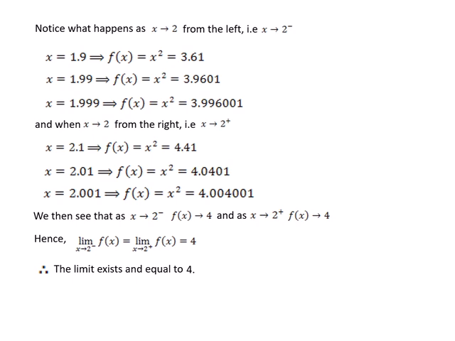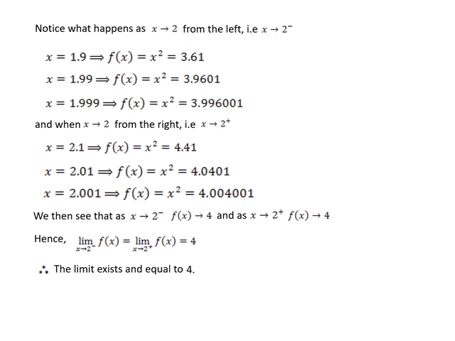The numbers very close to 2 are 1.9, 1.99, 1.999. Let us now substitute these values into the function f of s equal to s squared.